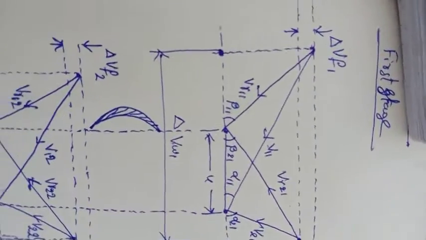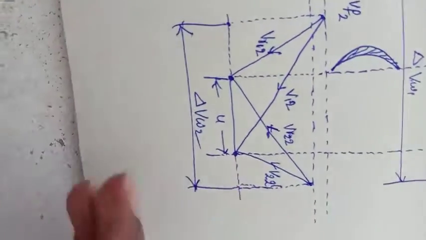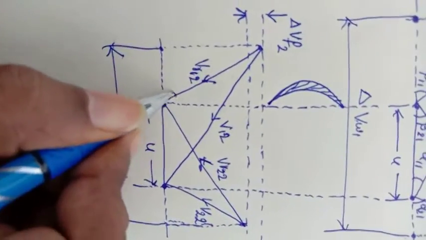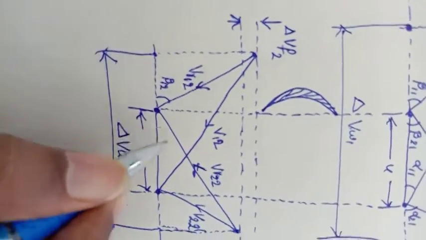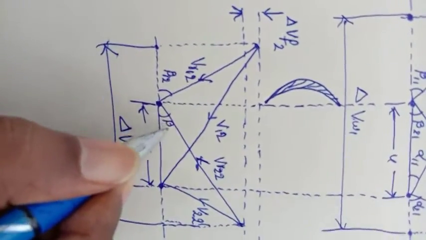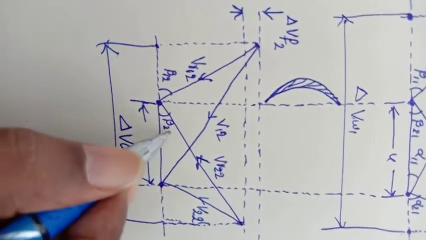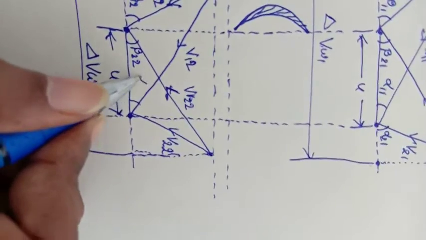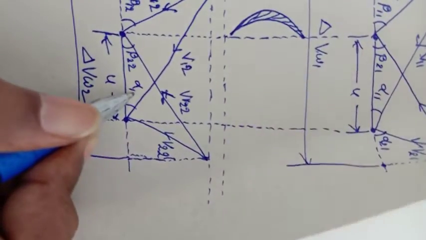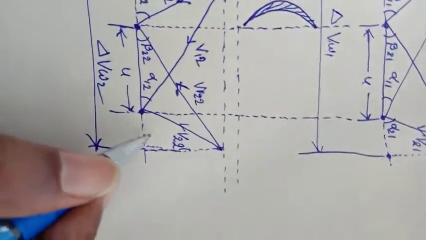Got it? Okay, and now we are going to fix the angles in here. This is, we know very well, the blade angle 2. Now this is coming from alpha 1, the blade angle from the second stage.